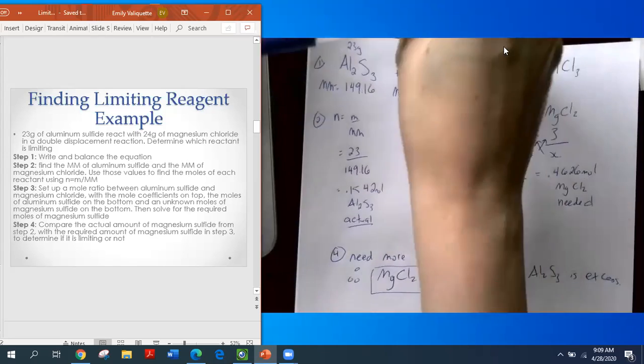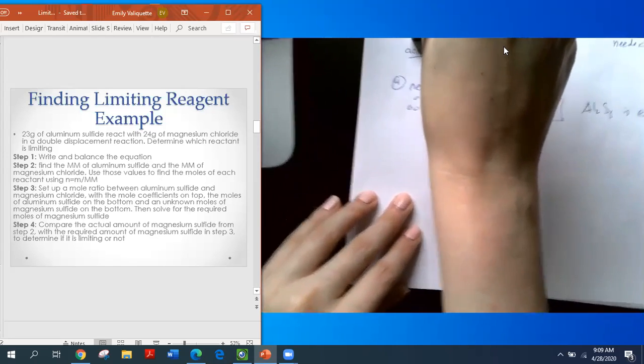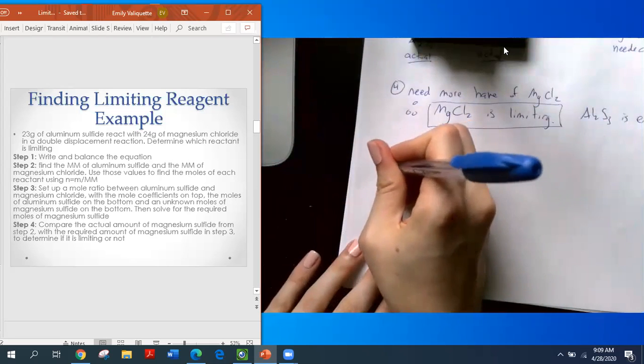Now, just to show you what it would look like if you had set up your mole ratio the other way.